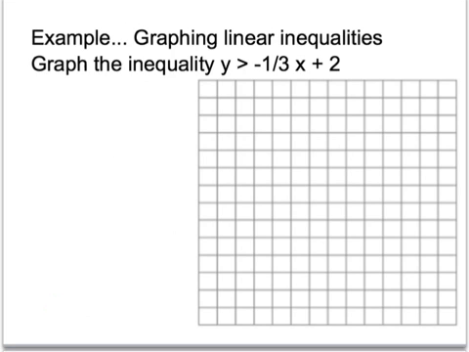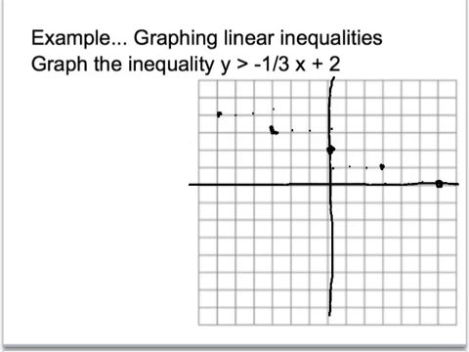All right, example, graphing linear inequalities. Graph the inequality y is greater than -1/3 x plus 2. My y-intercept is plus 2, so I go up 2 and put a dot. My slope is -1 over 3. -1, positive 3, -1, positive 3, or I could do +1, -3.